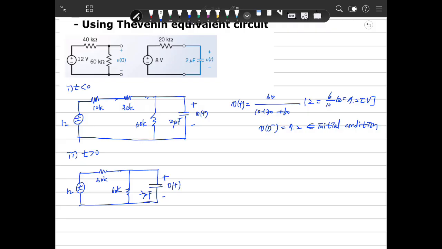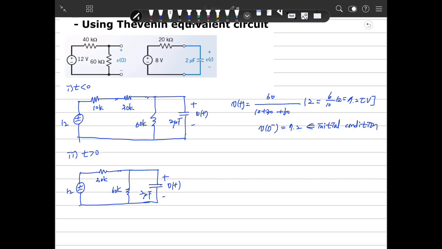This is v(t) here. In the problem, they require us to use the Thevenin equivalent circuit, so we can do that here.